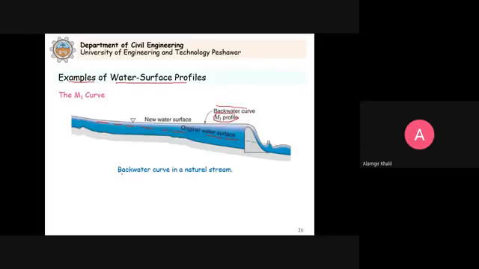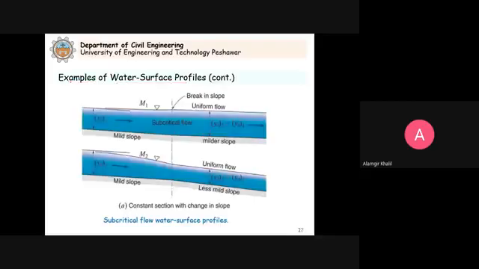These are examples you can encounter practically, and they are given in your textbook. Similarly, other examples are explained for subcritical flow. If a mild slope meets a milder slope, the water level will increase at the break in the slope. This will result in M1 profile, and after the break the water will flow with uniform flow condition.